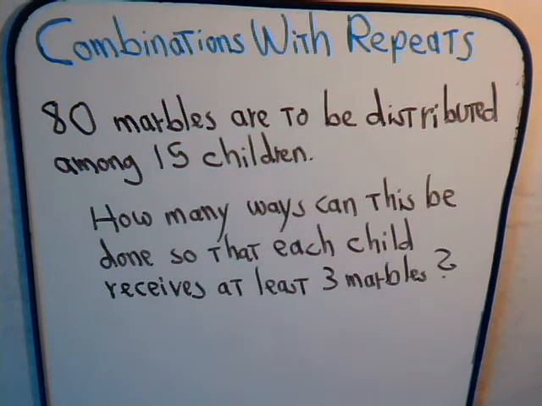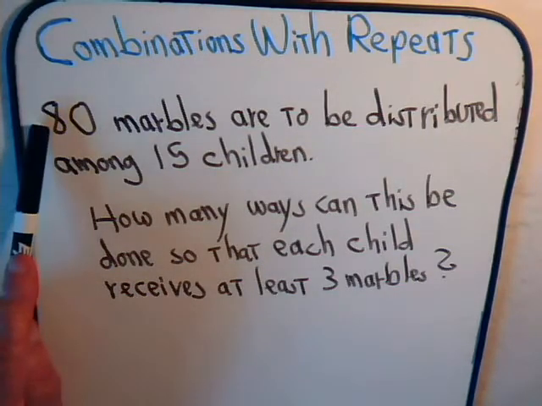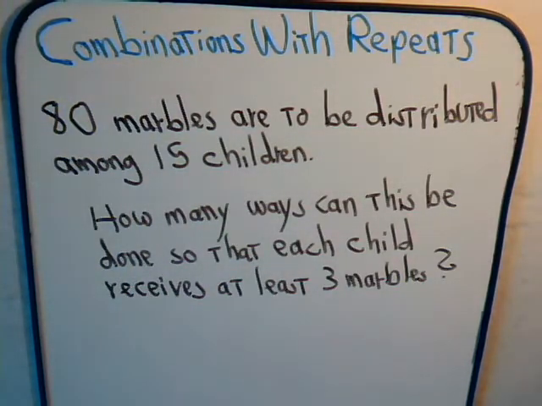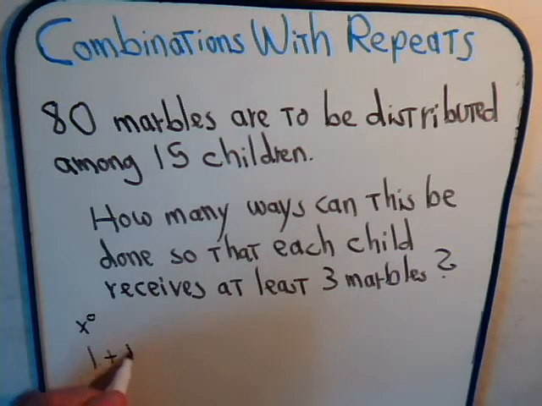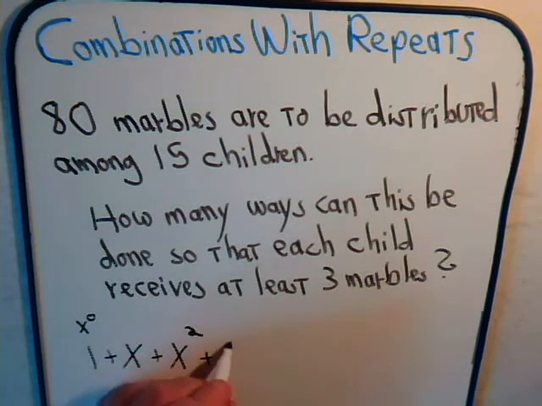So if we had the problem set up where it was just simply 80 marbles to be distributed among 15 children, then for each child the generating function would be 1, which is x to the 0, meaning they might not receive any marbles, or they might receive 1 marble, x to the 1, or 2 marbles, or 3 marbles.